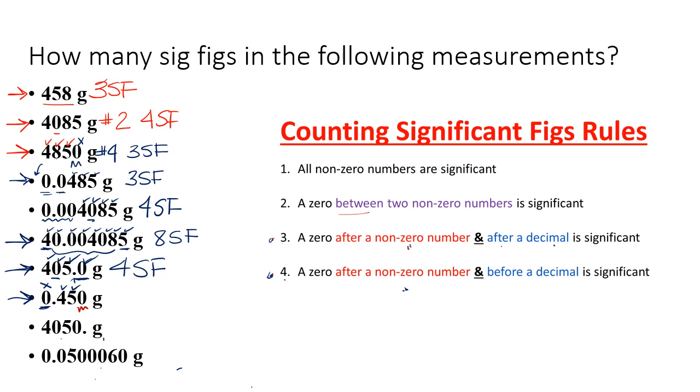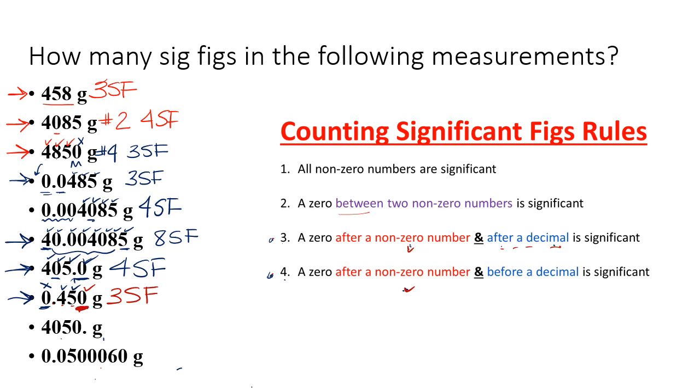Is it after a non-zero number? Yeah, it's after the 5, or you can say it's after the 4, whichever you prefer. So okay, it's met half the criteria. Is it after a decimal? Well, yeah, the decimal's right here, but it is after the decimal. So it is significant. So it's 3 sig figs.